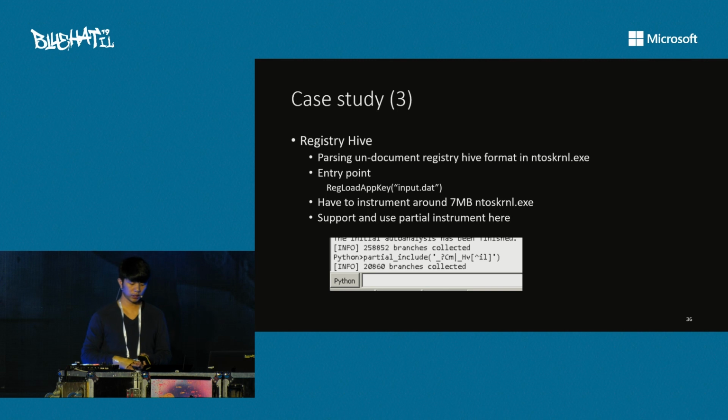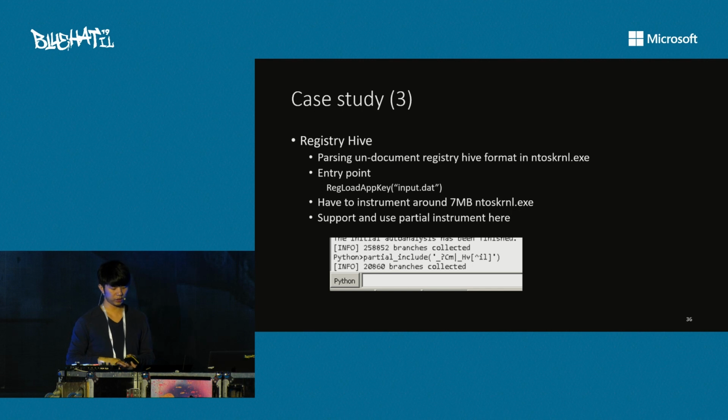And the third case study is the registry hive file. The registry hive format is undocumented and is parsed in the NTOS kernel. The entry point here is from RegLoadAppKey. This time, we have to instrument the NTOS kernel, which is a very large executable, around 7 megabytes.